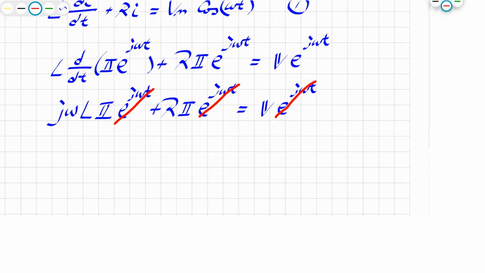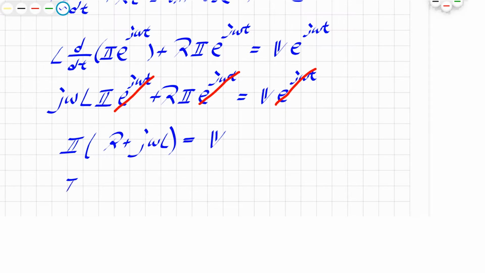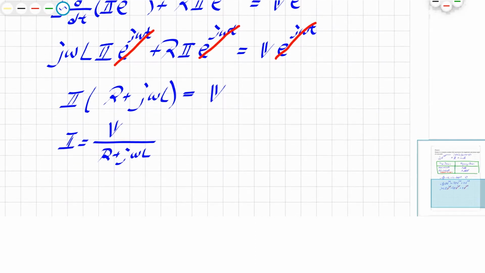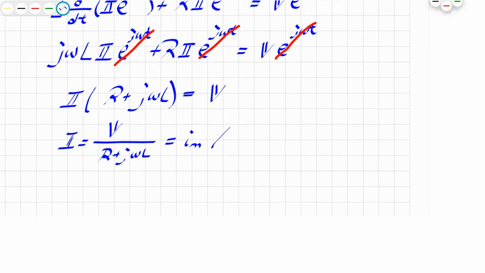And so the phasor looks like that: I times r plus j omega L is equal to phasor V. And quickly, we will have I is equal to the phasor V divided by r plus j omega L. And that is equal to I m phi. That's phasor I.